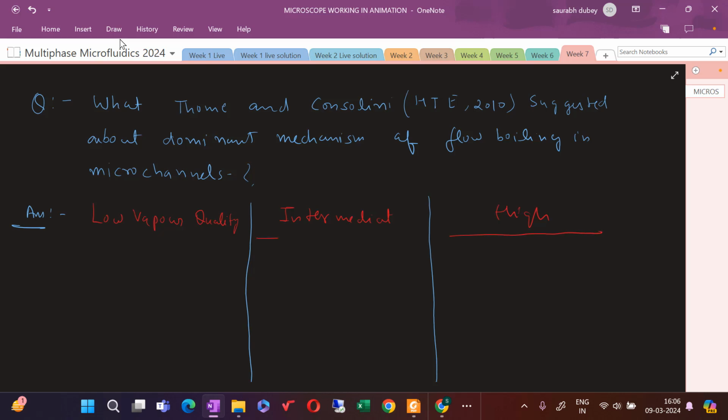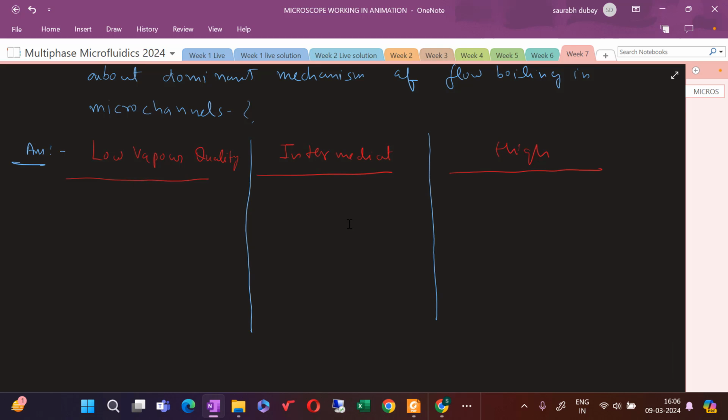In the low vapor quality, there will be regimes like the bubbly flow regime, and the thermal transport is dominated by nucleate boiling.